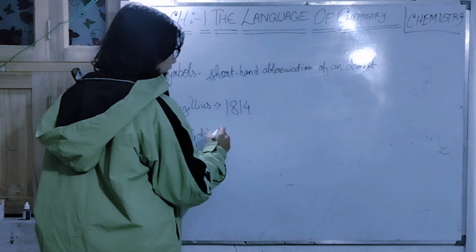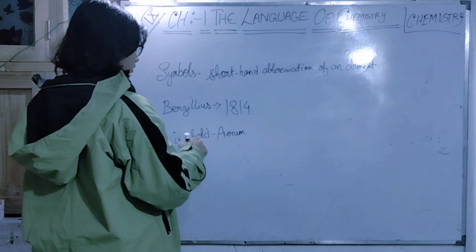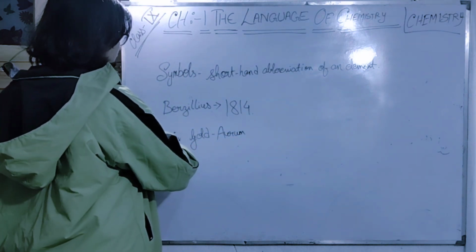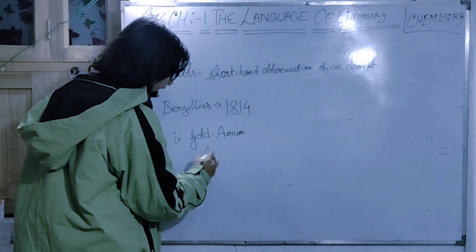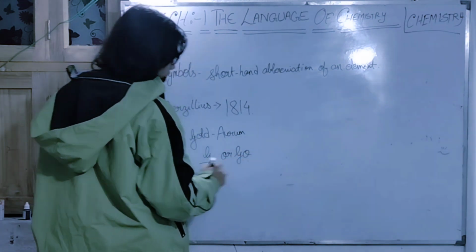Do we know? It's Au. But gold stands for G. It should be either G or GO.